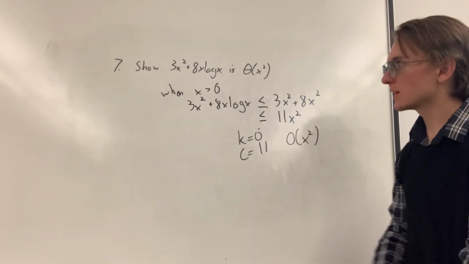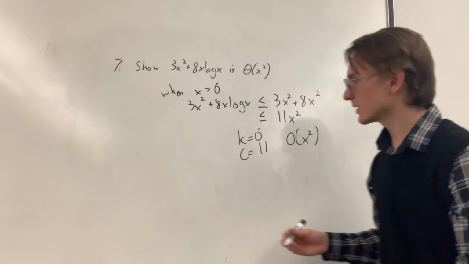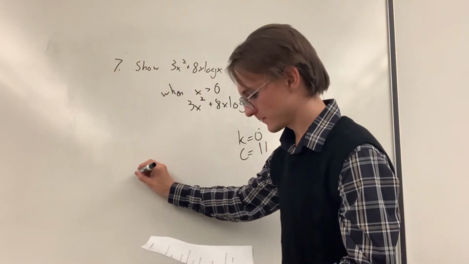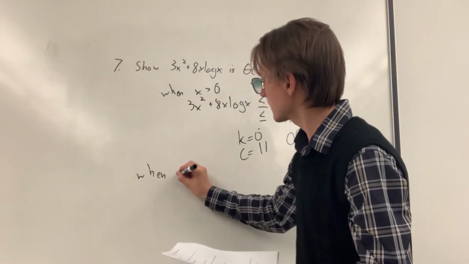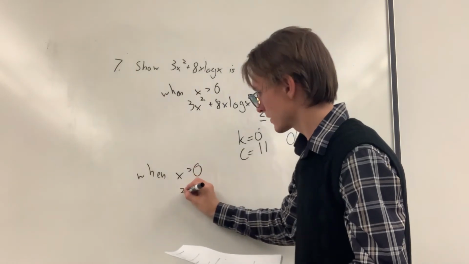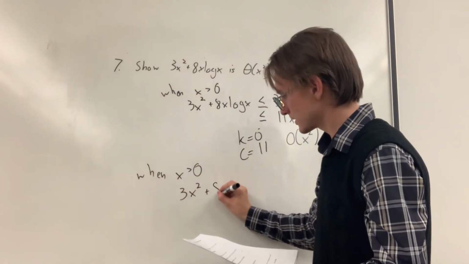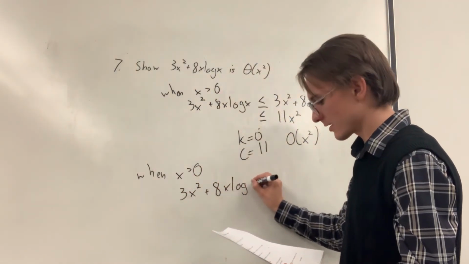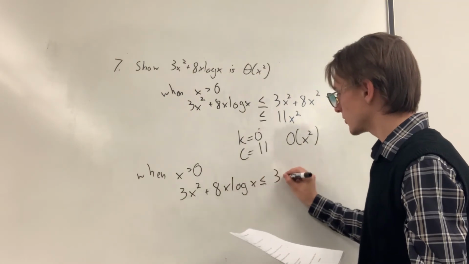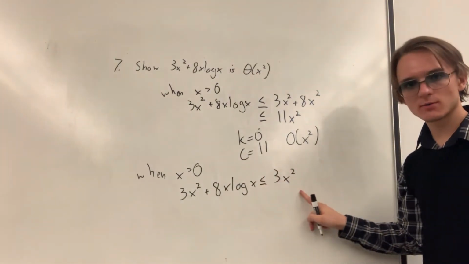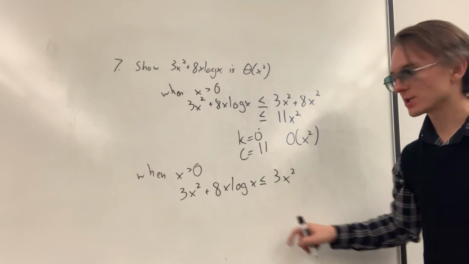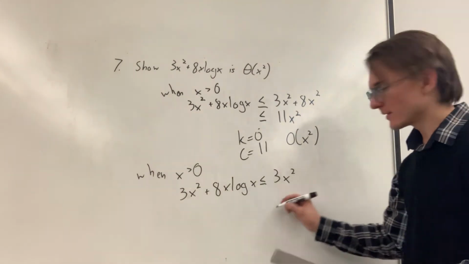Now we have to show that it's also big omega x squared. So when x is greater than 0, 3x squared plus 8x log of x is greater than or equal to 3x squared. It's just the most quickly growing component within this expression. And then, well, we're done.